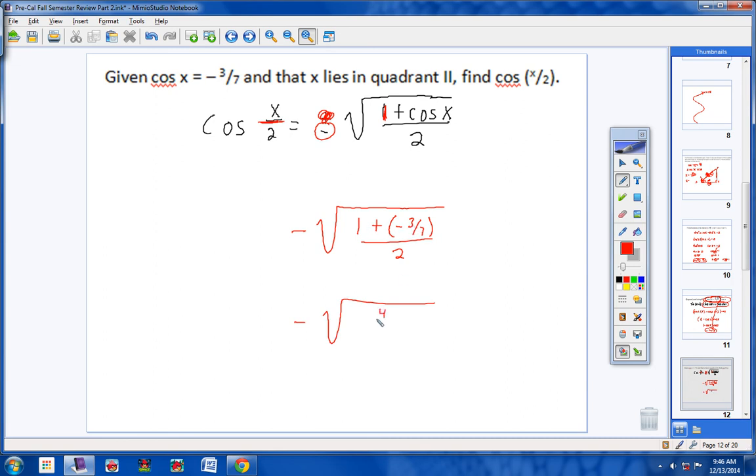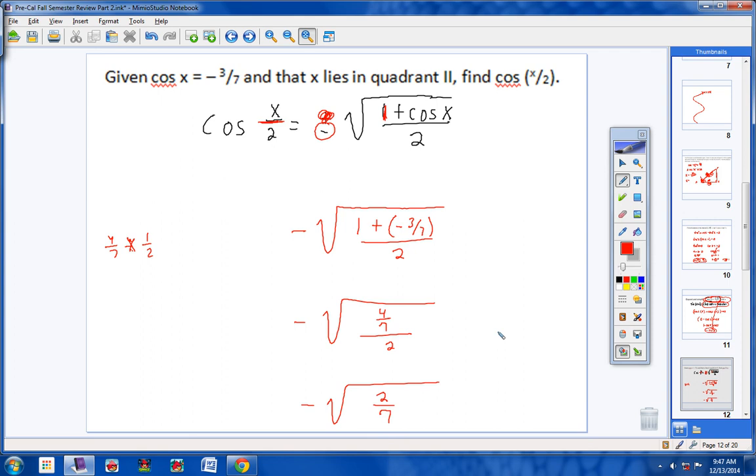That would be 4 sevenths, all over 2. So then I have 4 sevenths divided by 2. Or if you flip that, times 1/2, and you get 2 sevenths.